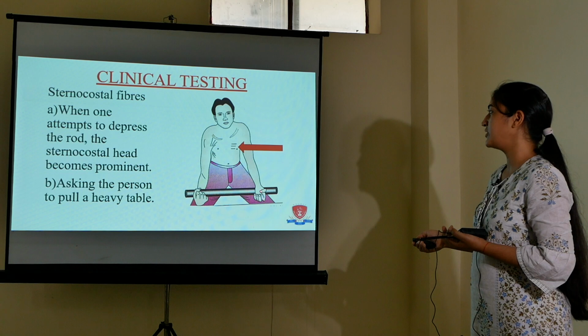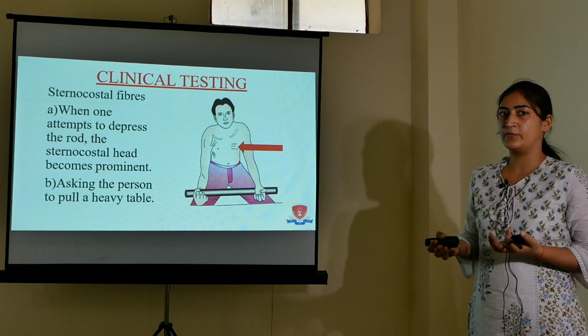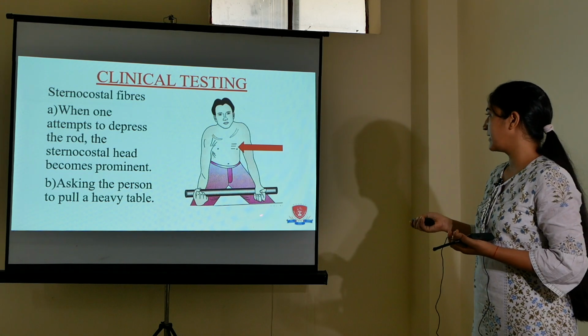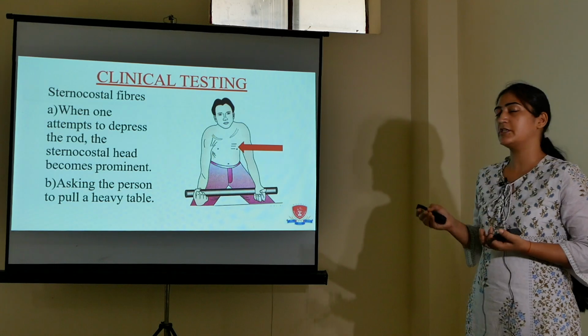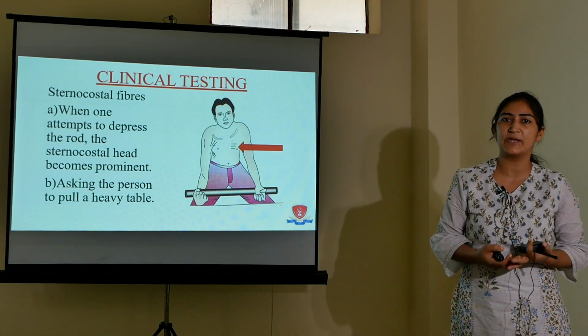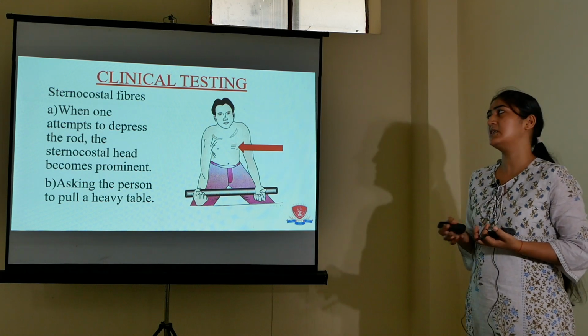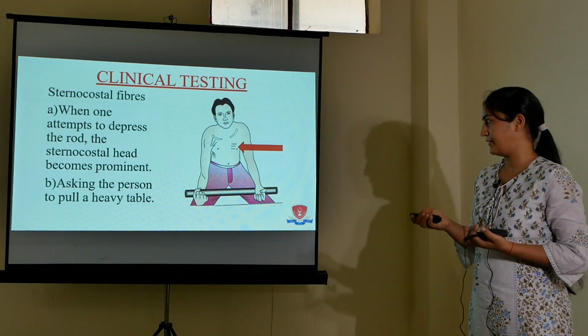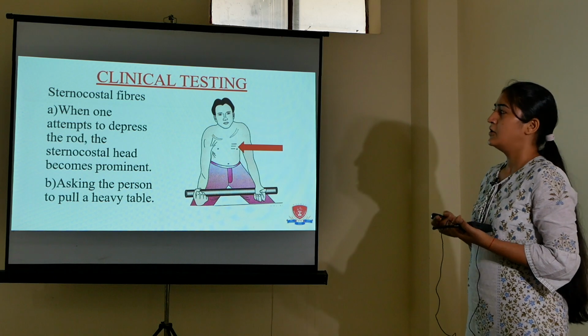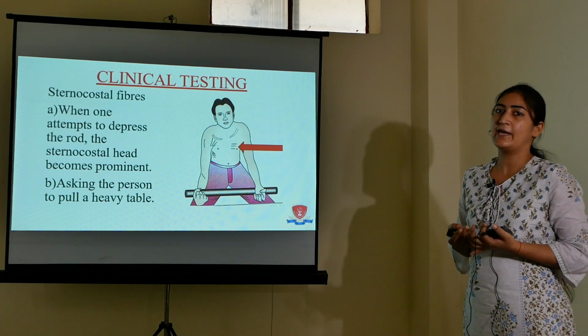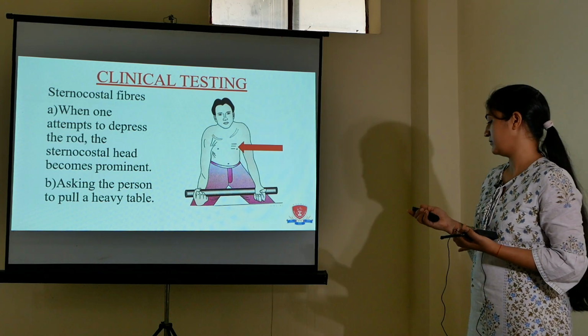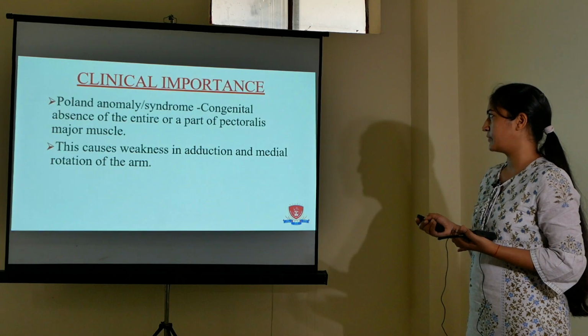Or I will tell the patient to lift a heavy table, that is extension against resistance. If the muscle is contracted and you can see and feel it very well, then the sternocostal fibers are fine. That means there is no injury in the medial pectoral and lateral pectoral nerves related to pectoralis major.